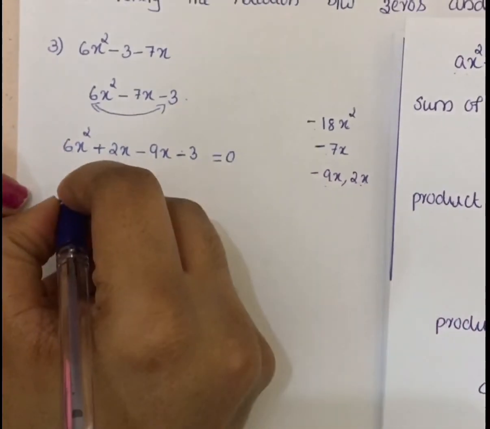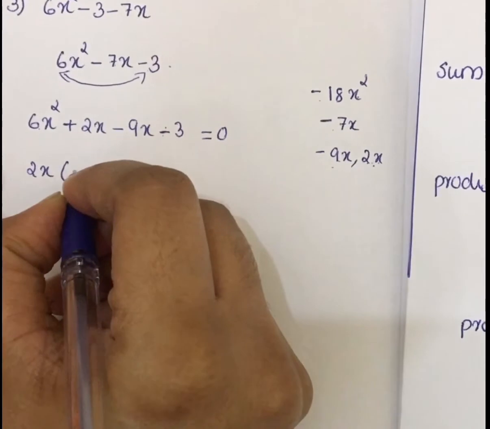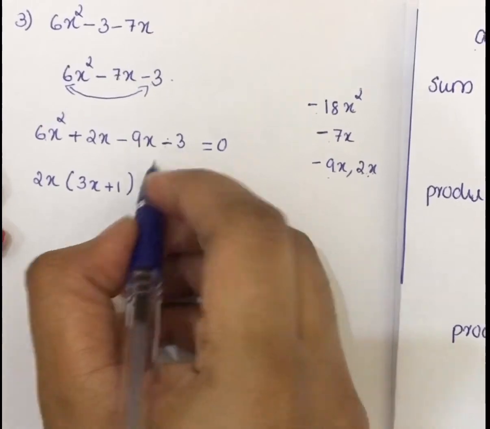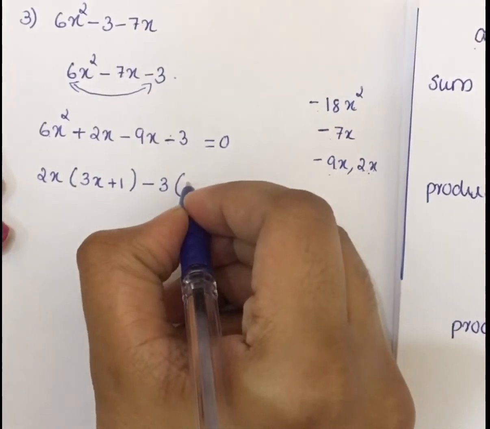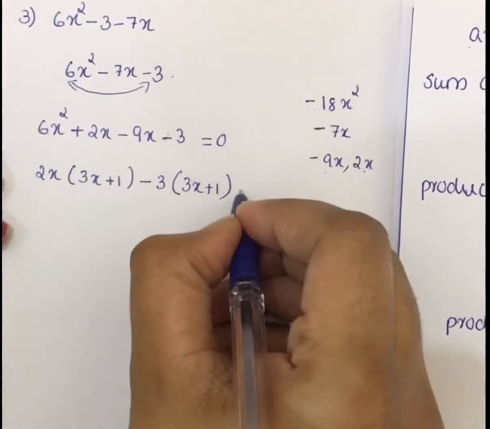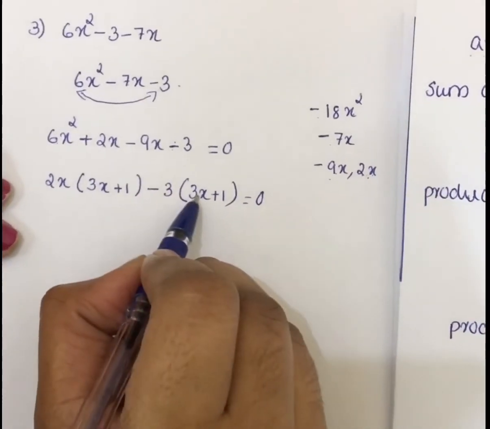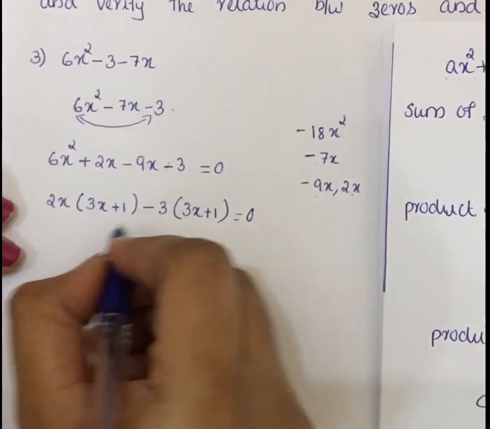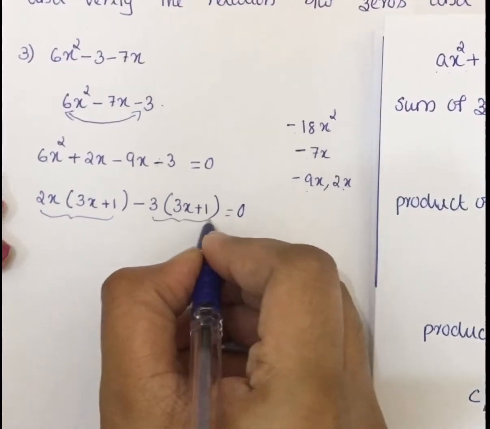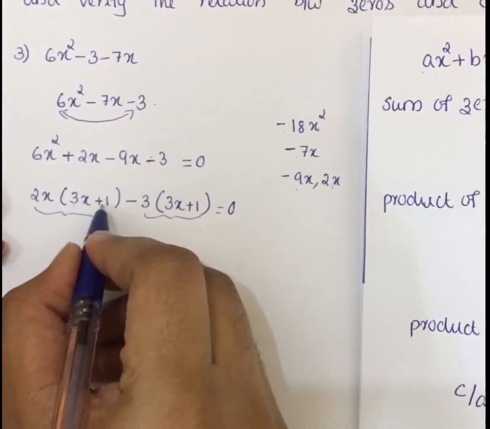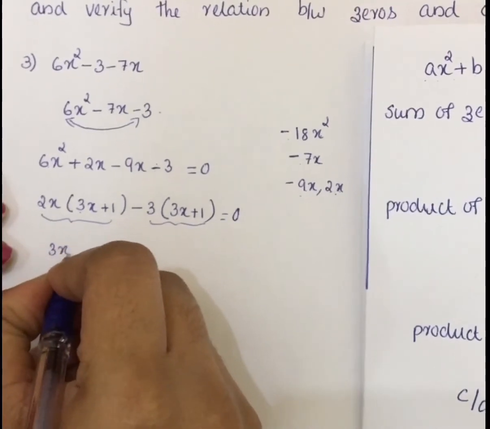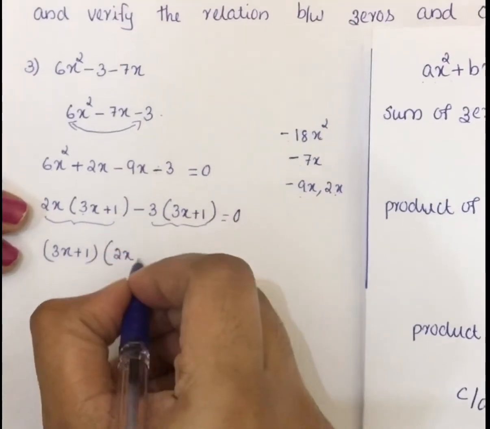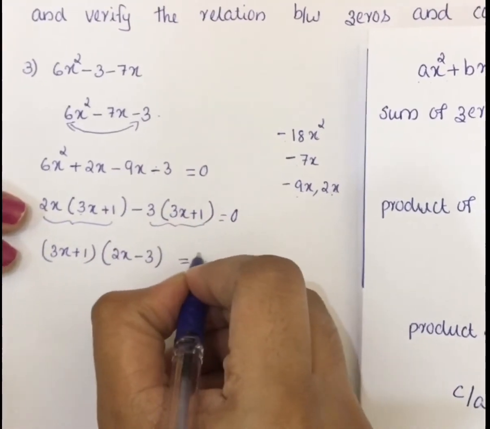Now taking 2x outside, the balance is 3x plus 1, minus taking 3 outside, then 3x plus 1 equal to 0. Here minus 3 into 3x is minus 9x, minus 3 into 1 is minus 3. Now from these two terms, taking 3x plus 1 outside, the balance is 2x and here the balance is minus 3, equal to 0.